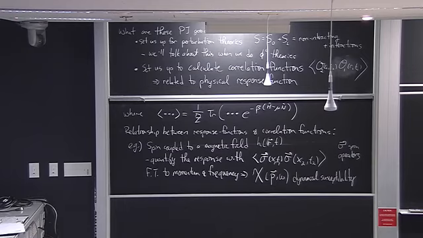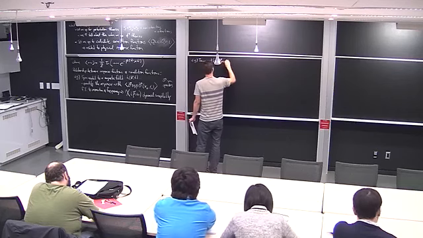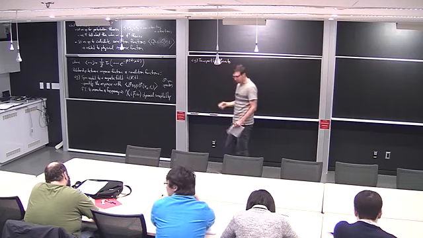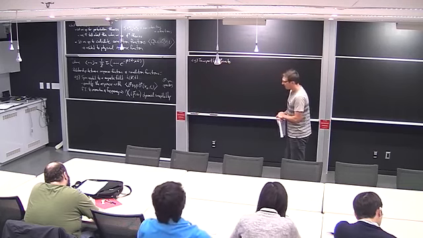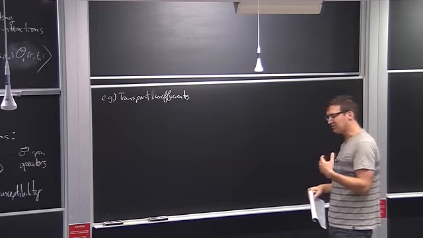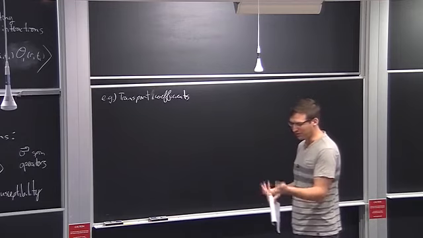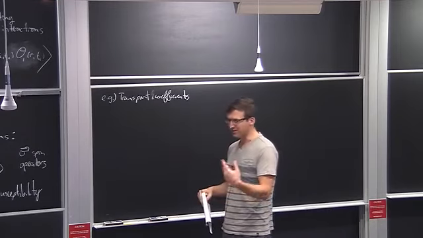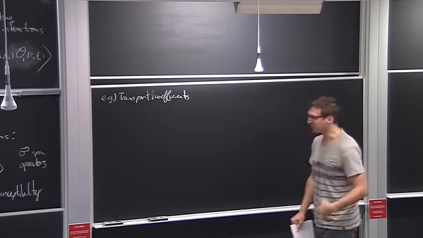Transport coefficients are another example that you might be familiar with. They characterize dissipation in the system. So if you have some sort of voltage and it produces a current, you want to measure transport.